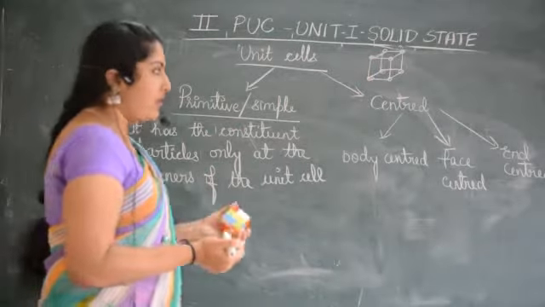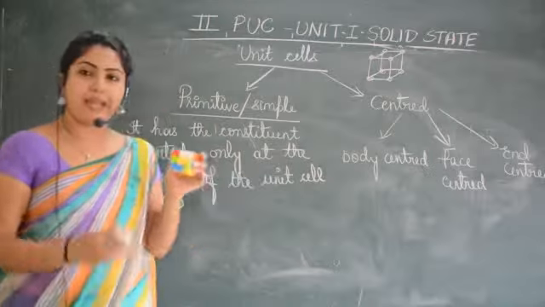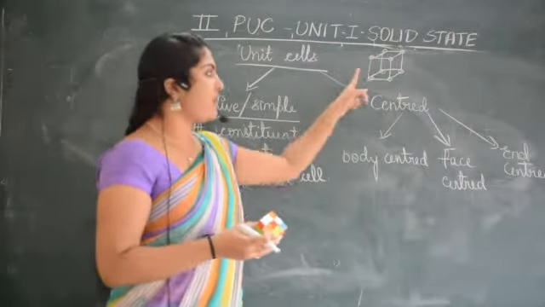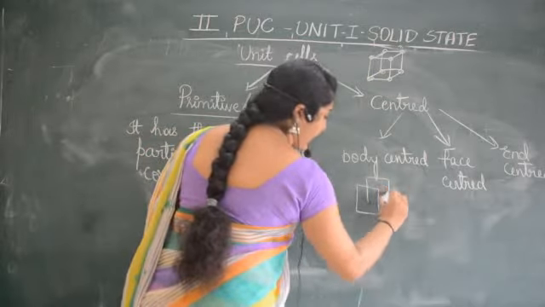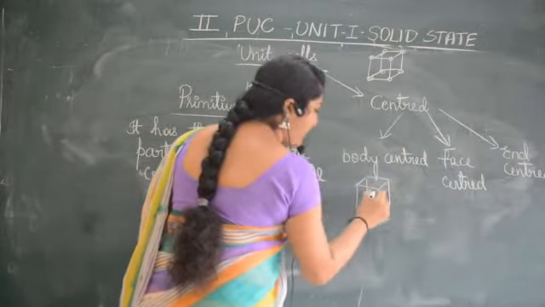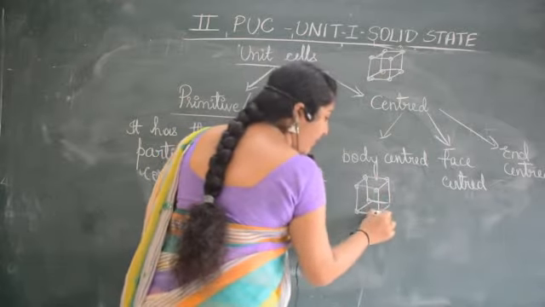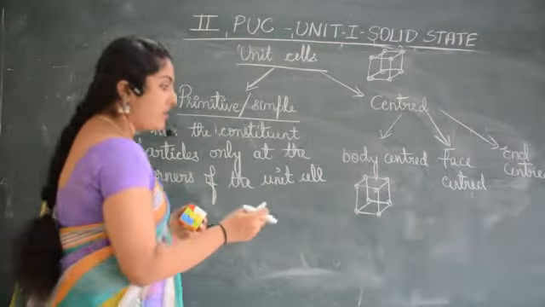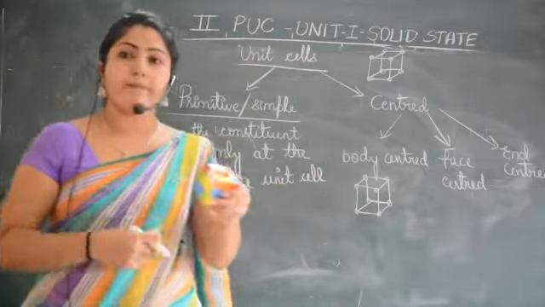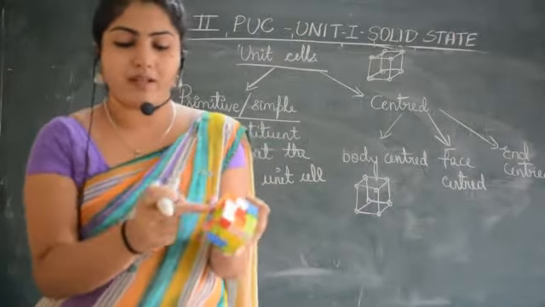What is body centered unit cell? Along with the 8 corners, the particles will be present, and along with that, one will be present at the center of its body. Center of its body means, imagine if this was transparent, you could see what lies between.